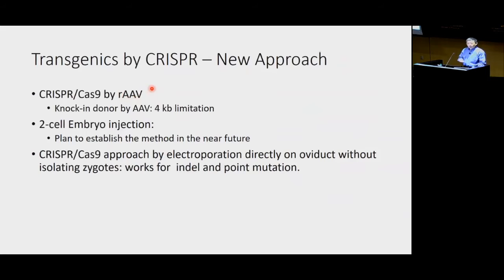Let's say you want to tag a mouse with color, with fluorescent proteins, or many other knock-in ideas you have. You can use rAAV, the engineered recombinant AAV, to provide the template. There is a limitation for this virus. The limitation will be around 4 kb.